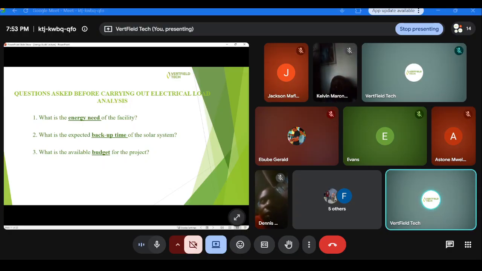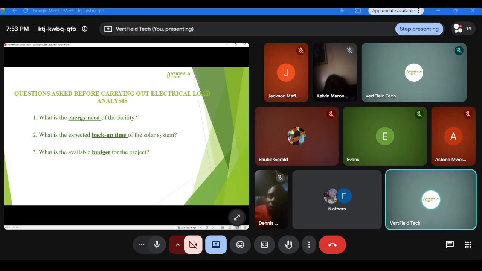Take, for instance, if Mr. Dennis starts saying he wants to power up 5 air conditioners, 5 freezers, 4 microwaves, 3 water pumps. Those are heavy loads and it is going to require a whole lot of energy to power them up. So we need to know, are you ready for this project, sir?